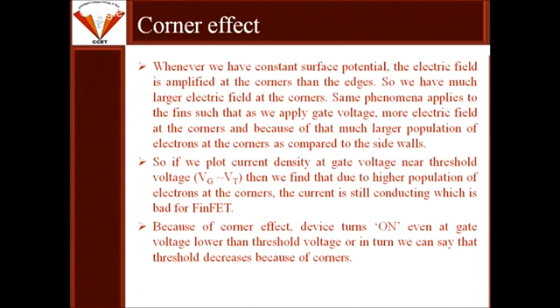But turning on is not our problem. The problem is the off current. If even when the gate voltage is less than the threshold voltage, current is still conducting, that is a problem for us.